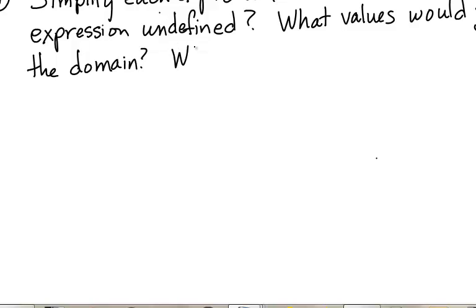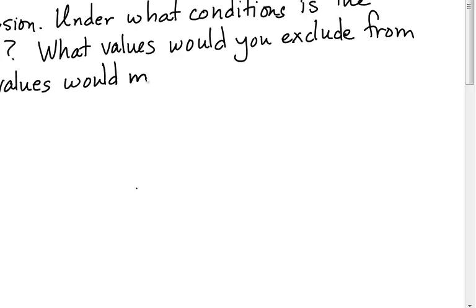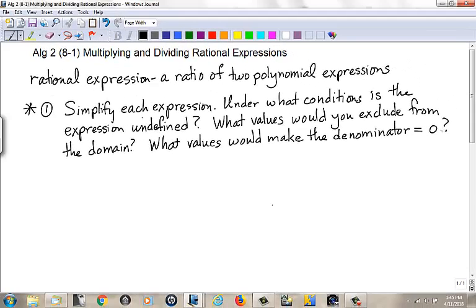Another way to say it is what values would make the denominator, what values would make the denominator equal to 0? Okay. And I'm going to go through some examples.